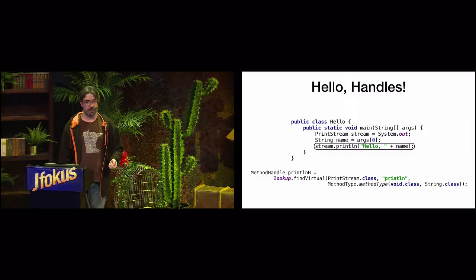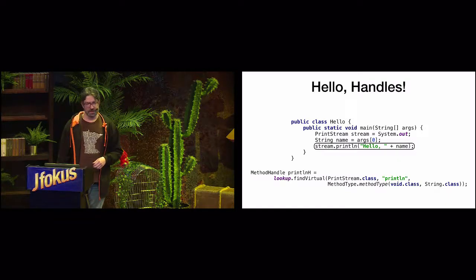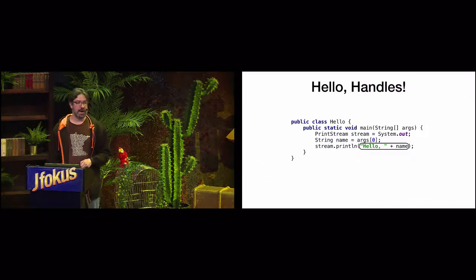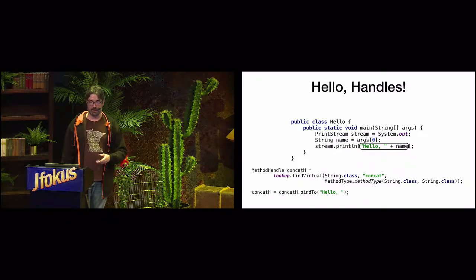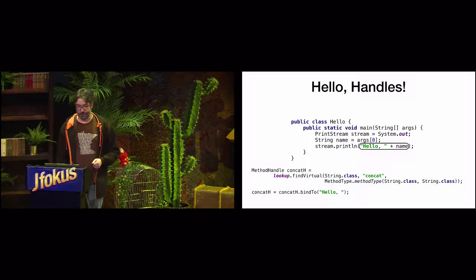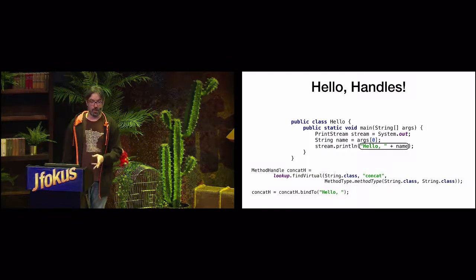This is a virtual invocation on PrintStream to println, and we're just calling the one that takes a String. And there's actually one more piece of logic in here. We can actually take this concatenation and turn this into a method handle as well. So this would just be find virtual of the concat method on the String class. And then here we're actually binding it to hello. So it's always going to call it against the hello string, concatenate the name, and then give you the result.